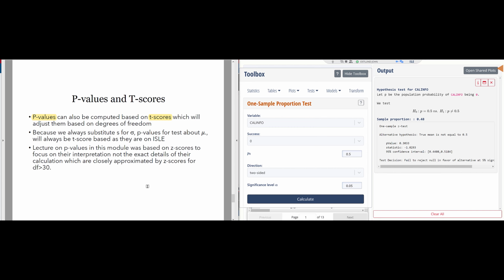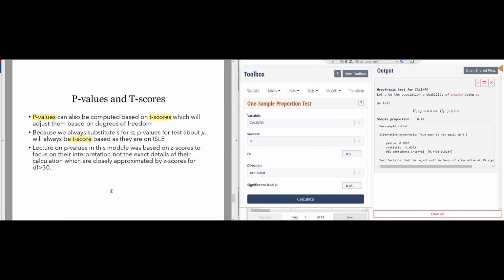For the proportion data, because the standard deviation is dictated by the proportion, by the mean, you do use z-scores, but for other kinds of data sets where the standard deviation is computed after you know the mean from the data, you really should be using t-scores.